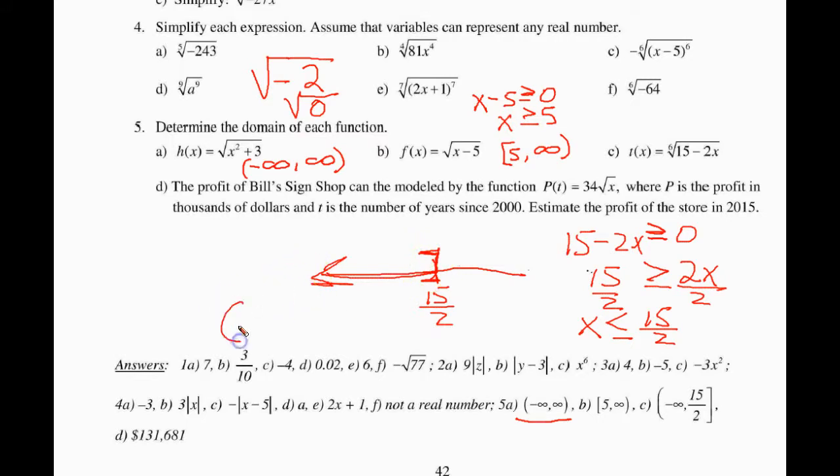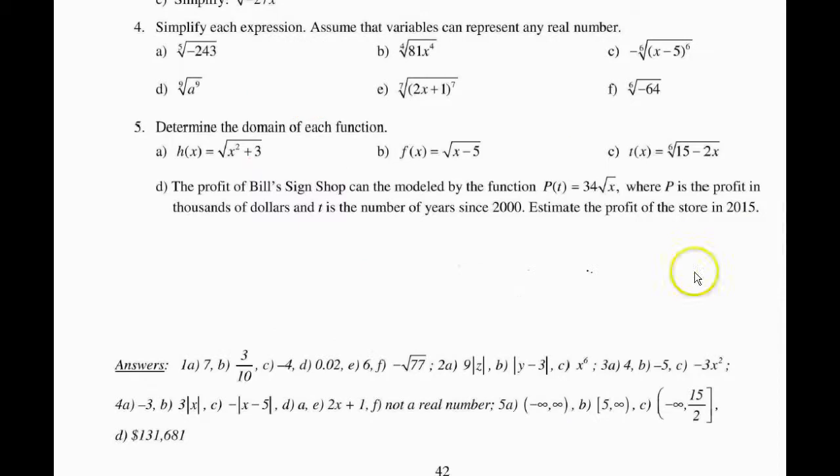Well, it's coming from negative infinity, going up to 15 halves, and 15 halves is included in the set. And that's what we have here. Okay? Now, keep in mind, why are all these negative values included? Because whatever negative value you put for x, negative times a negative makes this a positive. Okay.